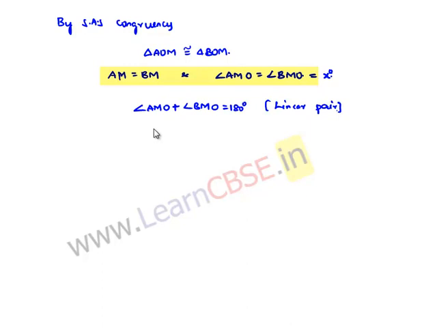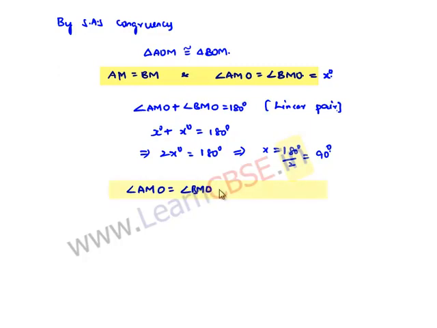Then we get angle AMO, which is x degrees, plus angle BMO, which is x degrees, equal to 180 degrees, which implies 2x degrees is equal to 180 degrees. That further implies that x is equal to 180 degrees divided by 2, that is 90 degrees. Therefore, we got angle AMO is equal to angle BMO is equal to 90 degrees, and we also got that AM is equal to BM.